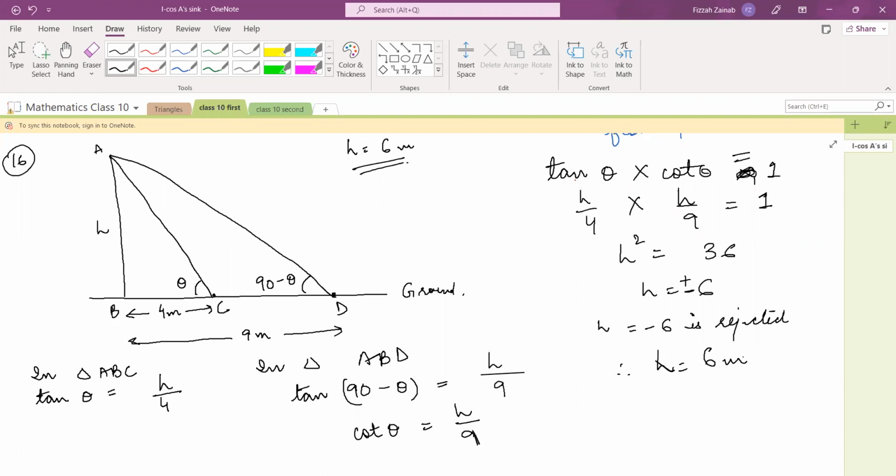So real numbers, polynomials, pair of linear equations, then quadratic equation. Have we done quadratic equation in this class? Yes, ma'am. Martin? I'm not too sure. Okay, Sarah, have you done quadratic equation with me? Abdullah? Yes, ma'am.